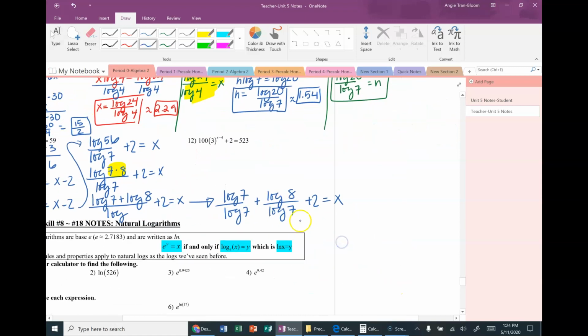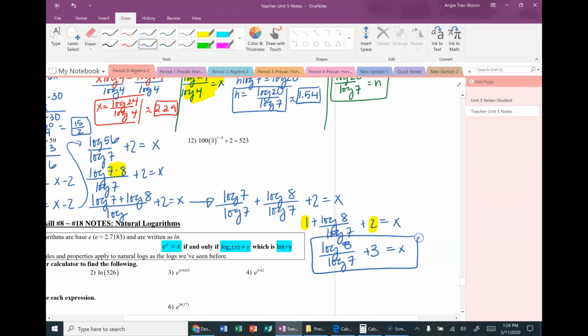So that will give me 1 plus log 8 divided by log 7 plus 2 equals x. So that will give me 2 and 1, so that's really now 3. So log of 8 divided by log of 7 plus 3 is really my final exact answer. Okay, but if you can get to here, I will also accept that.